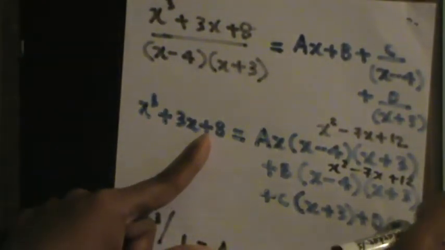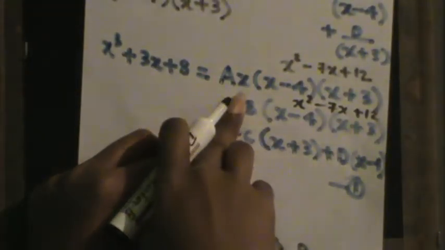My next equation will be by equating the constants. When I equate the constants for both sides, I have 8 on the left side, so 8 will be equal to, since we have ax here, we will not get a constant term, because when x is multiplied by any term, we will get either x or a power greater than x.